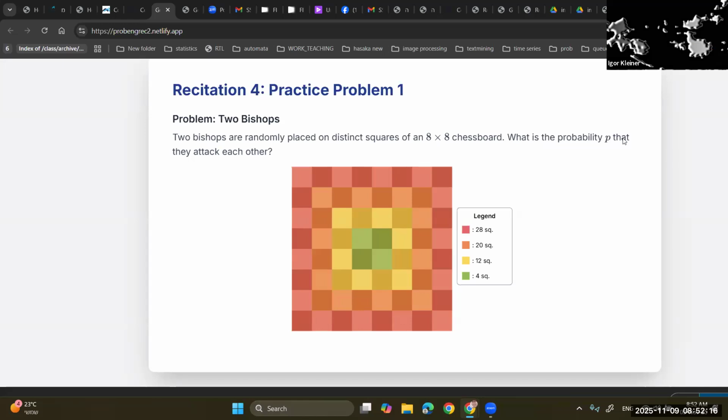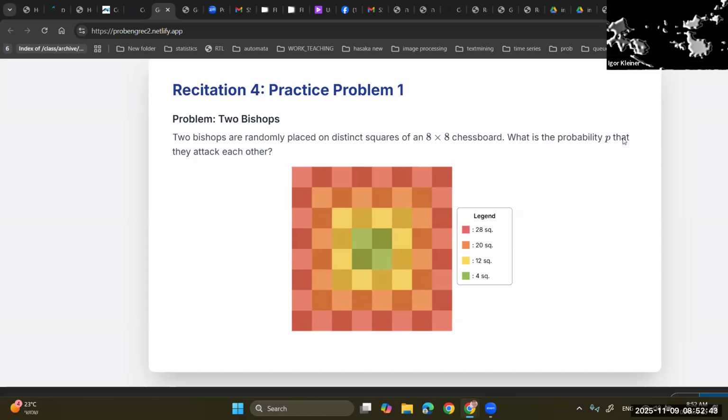They attack each other if they stand on the same diagonal. For example, if the first one stands here and the second stands here, they are on the same diagonal, so they attack each other.